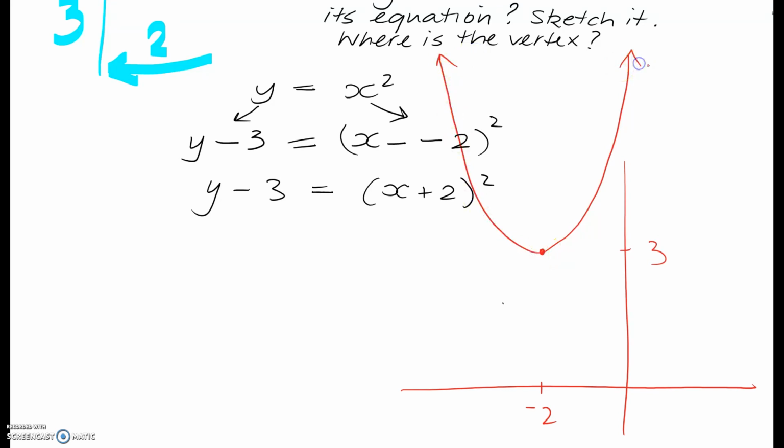Okay. So can you see how that's happened? Now, wouldn't it be nice to know what that point there is? How do you get that? What's your x-coordinate right here? Isn't it 0? And we're going to figure out what that is in a minute. So if x is 0, we said this is the equation.